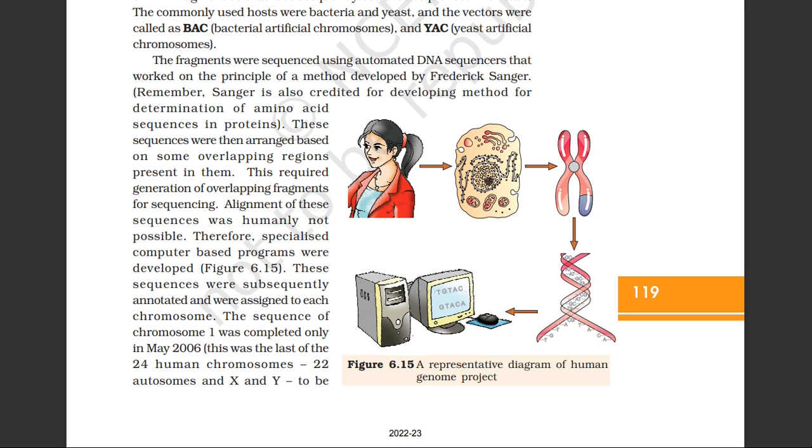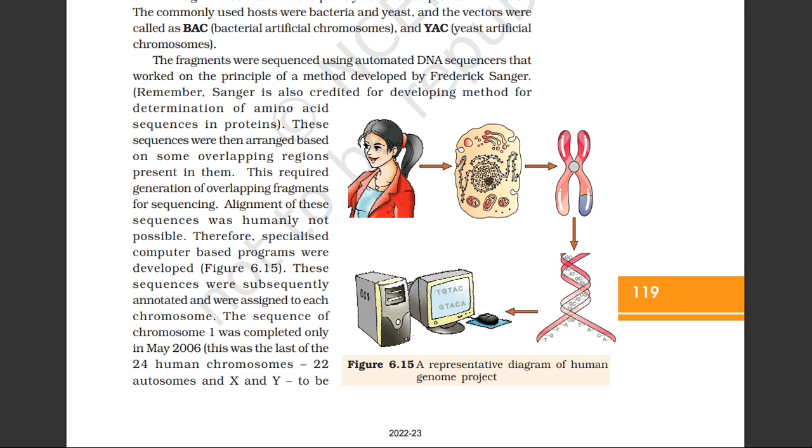These sequences were then arranged based on some overlapping regions present in them. This required generation of overlapping fragments for sequencing. Alignment of these sequences was humanly not possible.